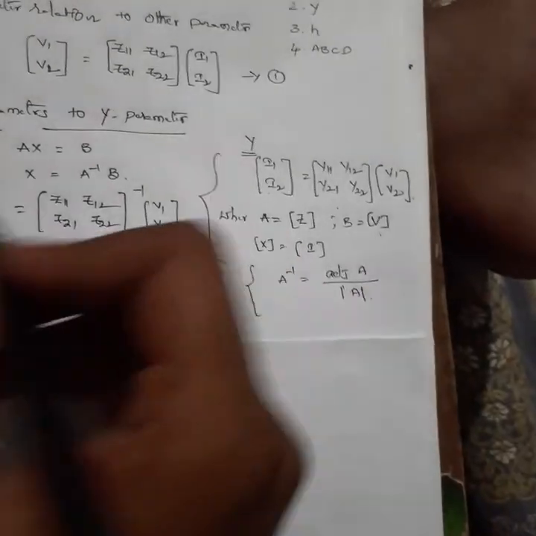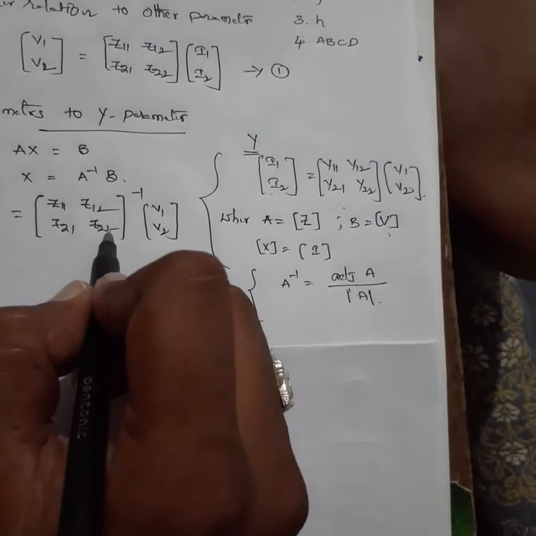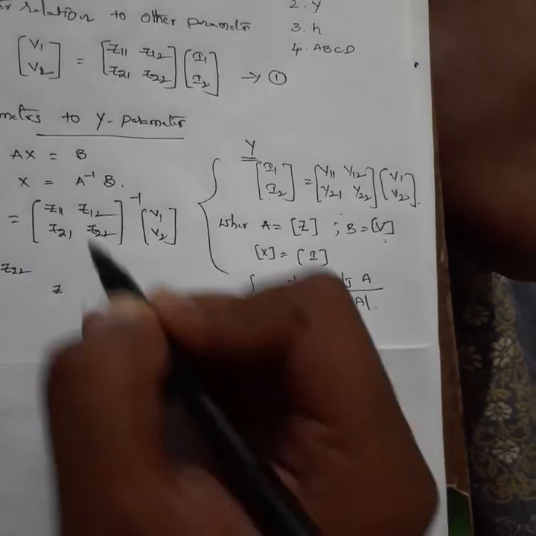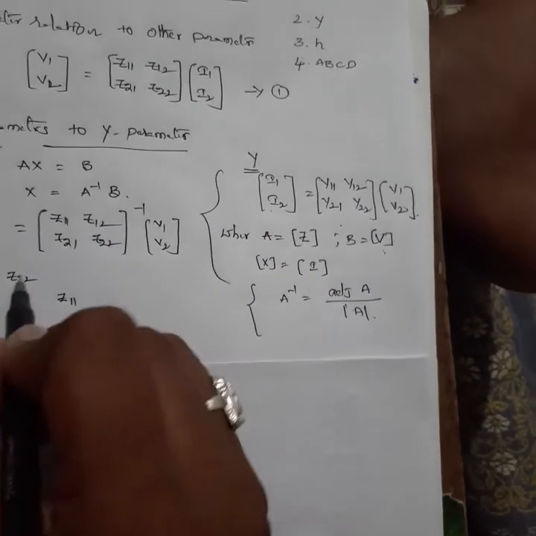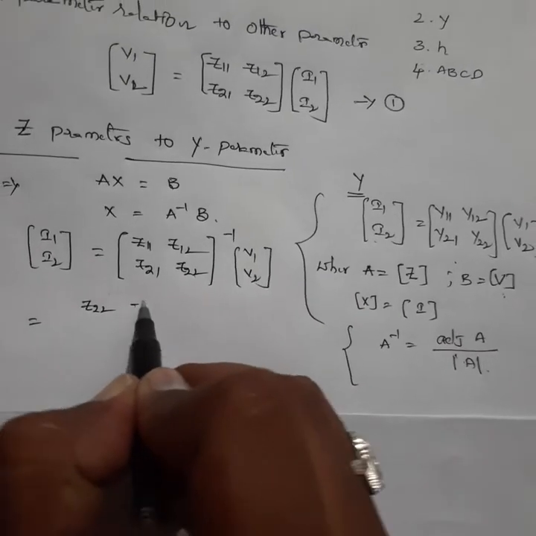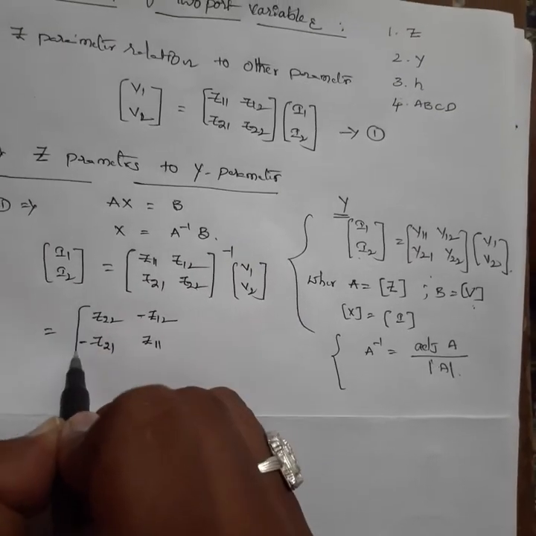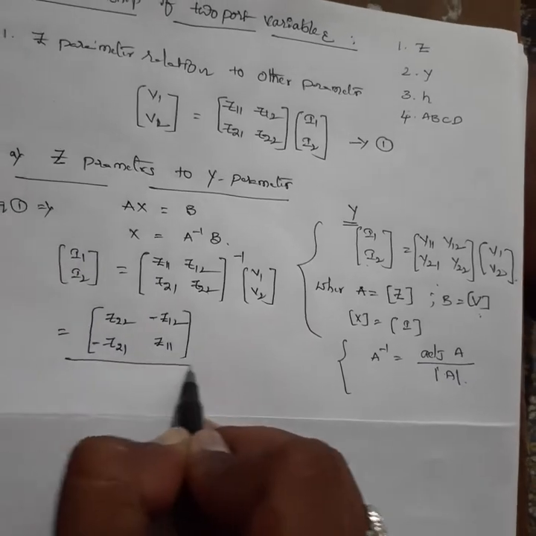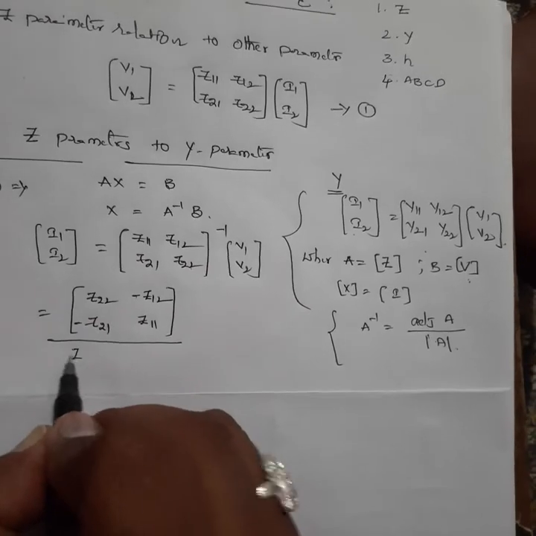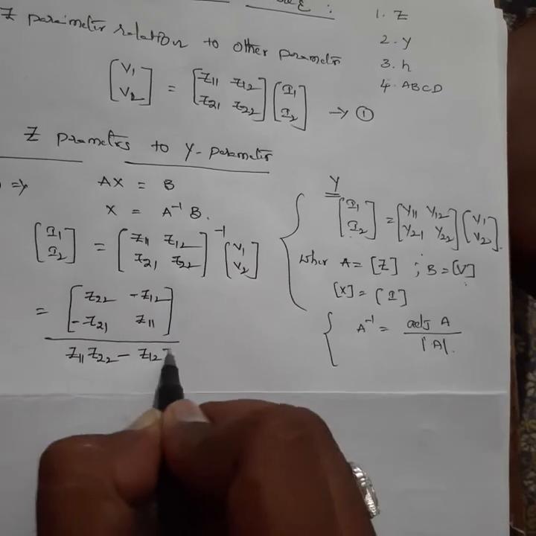We know the adjoint of A: simply interchange the first and fourth elements, and place minus on the remaining ones. That is [Z22 -Z12; -Z21 Z11]. This is the adjoint of A, and det is AD minus BC, that is Z11 Z22 minus Z12 Z21.